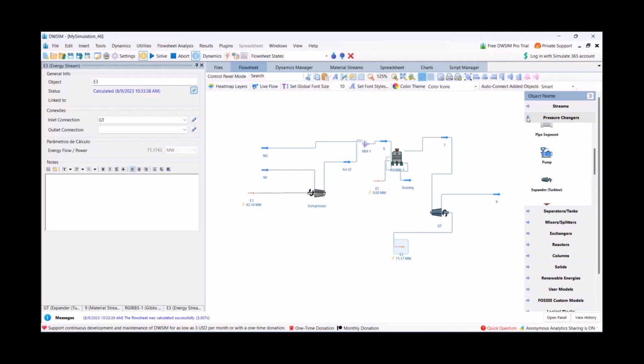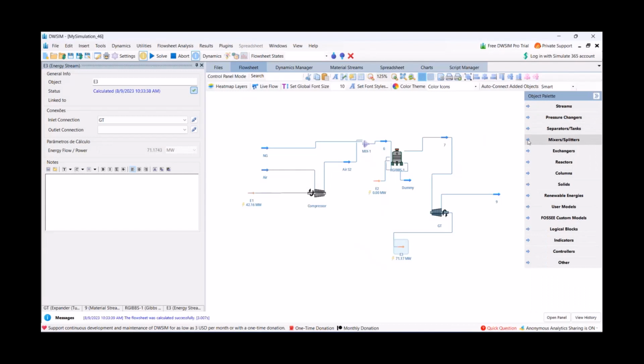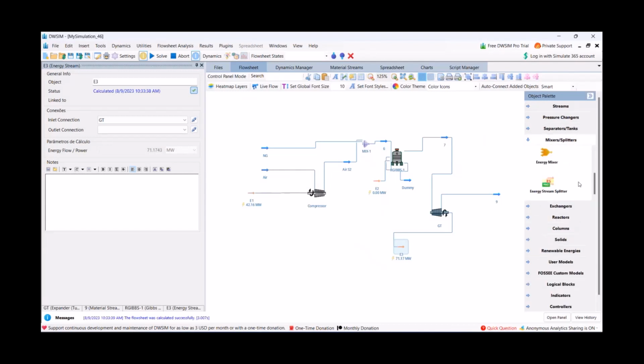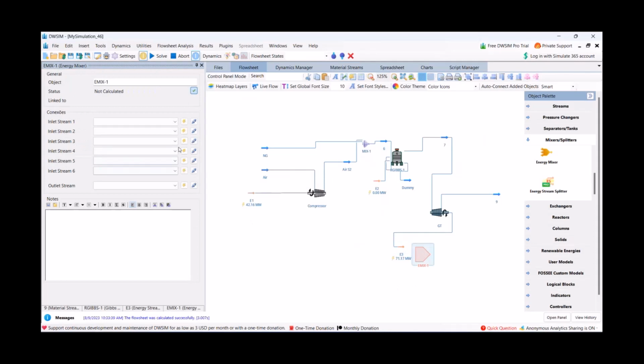Or we can do it automatically by using an energy mixer there. We can add E3.